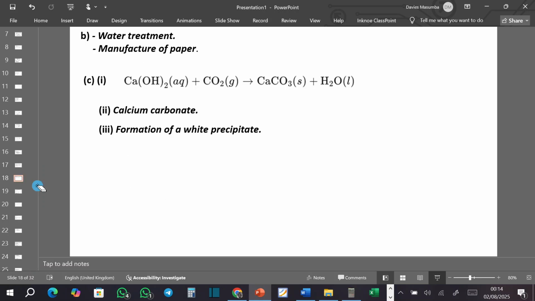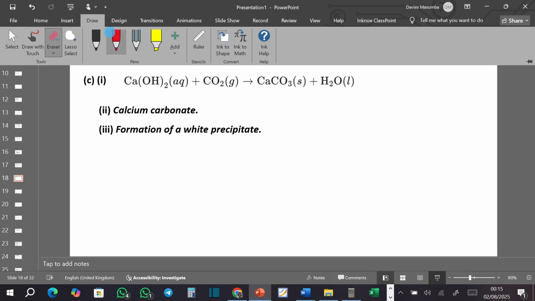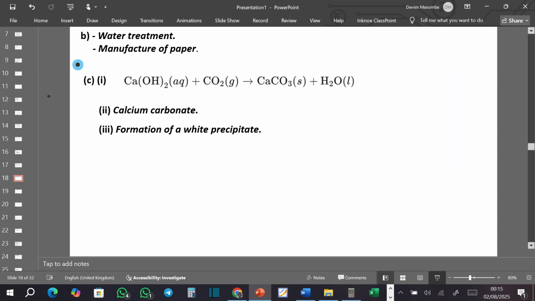It is used in water treatment and manufacture of paper, even manufacture of cement.